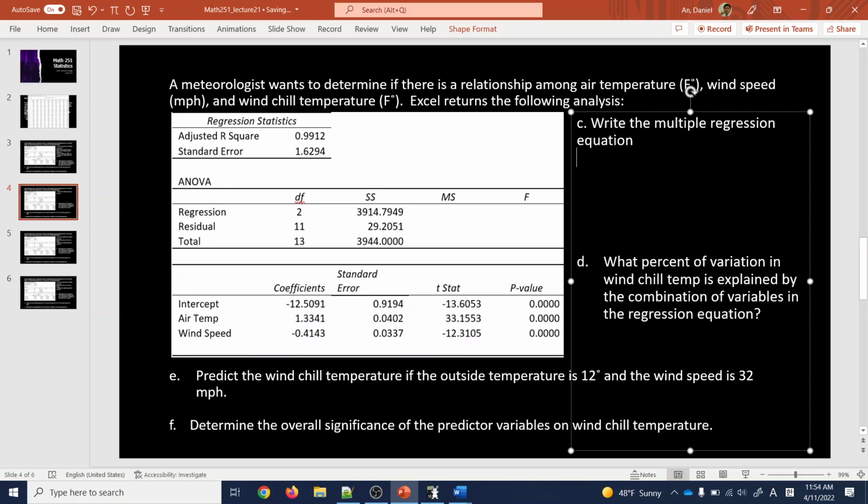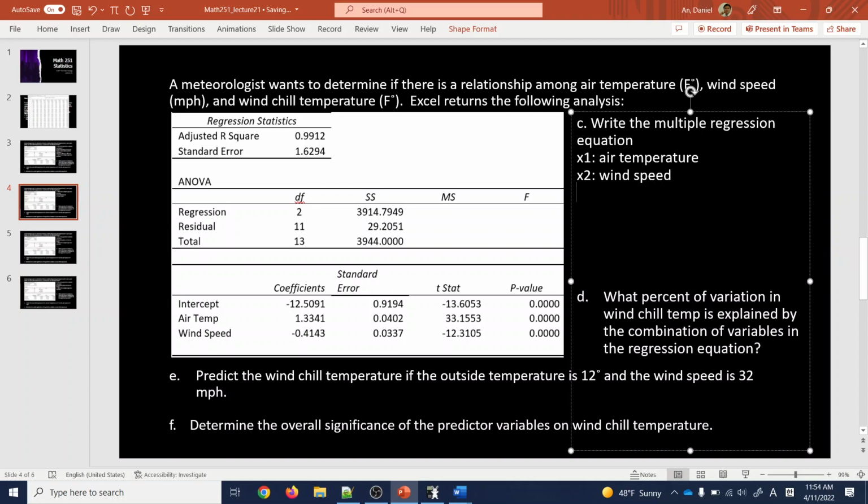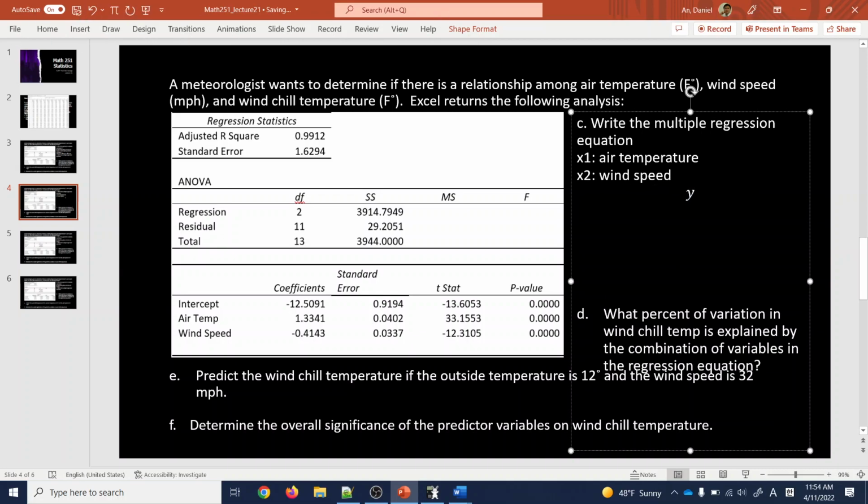Let's say x1 is the air temperature, and x2 is the wind speed, and y hat, well, let's just use y.